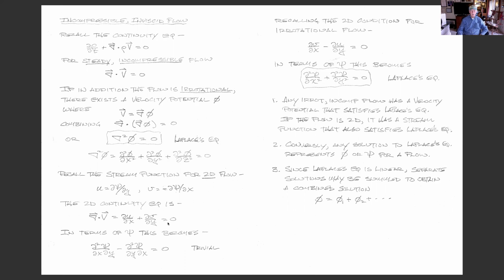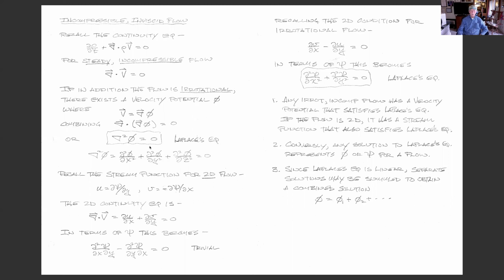Now, if you try and put in these definitions of psi, the stream function, you get this, which is trivial. The second partial of psi with respect to x and y is the same as the second partial of psi with respect to y and x, trivial. So this isn't helping us right now, except the second condition for irrotational flow is this. And in terms of psi, then we get, bingo, psi satisfies Laplace's equation.